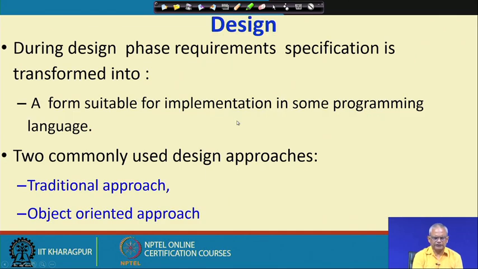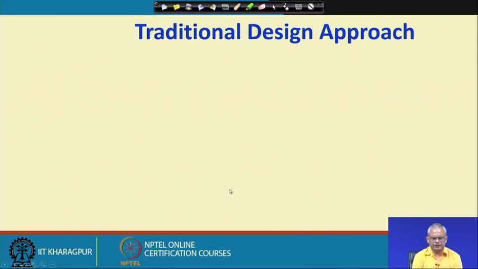The design activity typically uses the requirement specification document. The designers consult the SRS document, and then they come up with a design which can be easily implemented in some programming language. Two main approaches are used, the traditional approach and the object oriented approach.